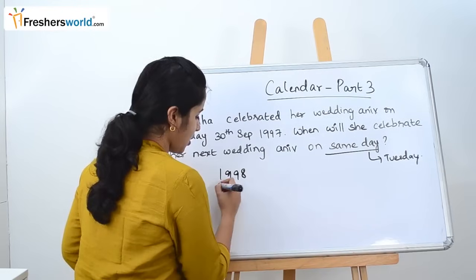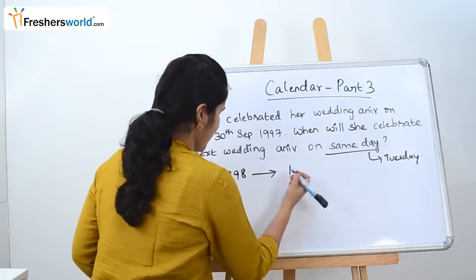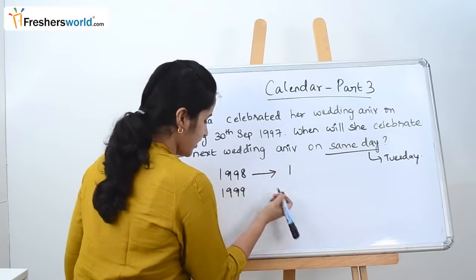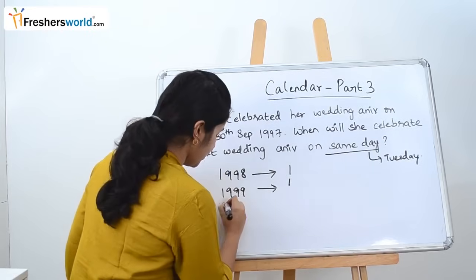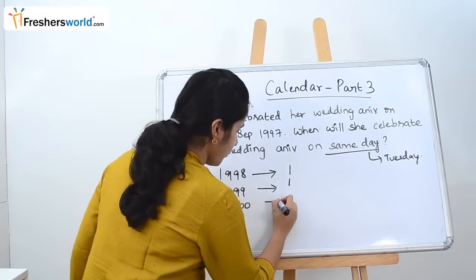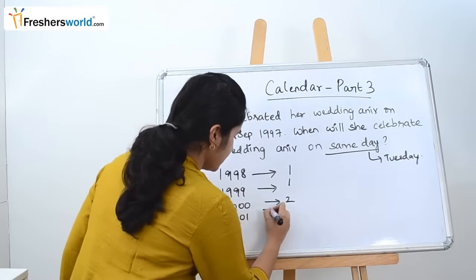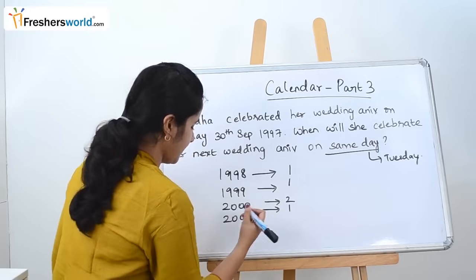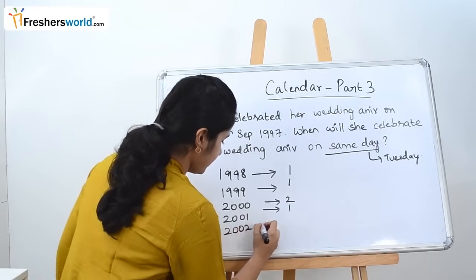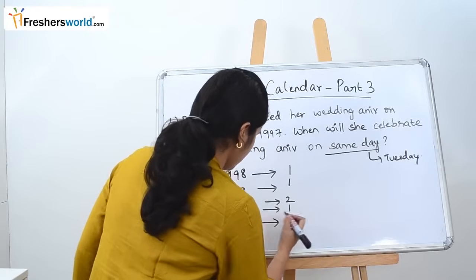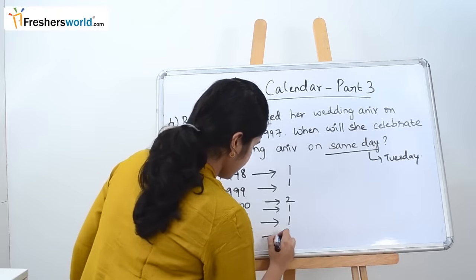1998 is not a leap year, so the number of odd days is 1. 1999 is not a leap year, so the number of odd days is 1. 2000 is a leap year, so the number of odd days is 2. 2001 is not a leap year, so the number of odd days is 1. 2002 is 1, and 2003 is 1.